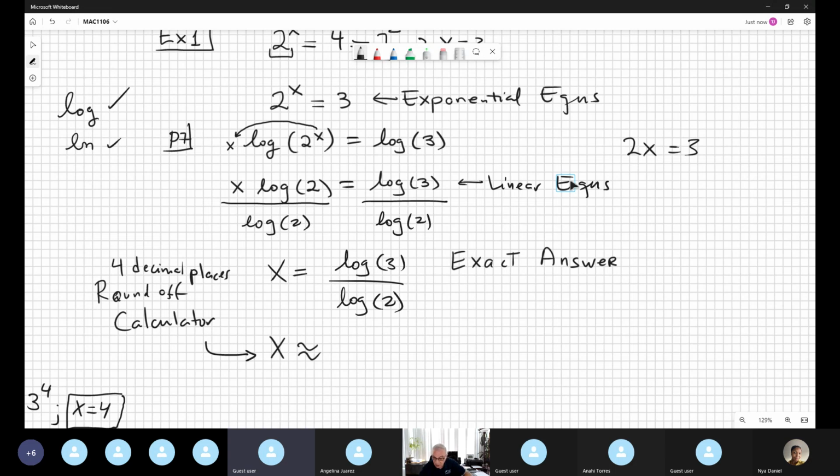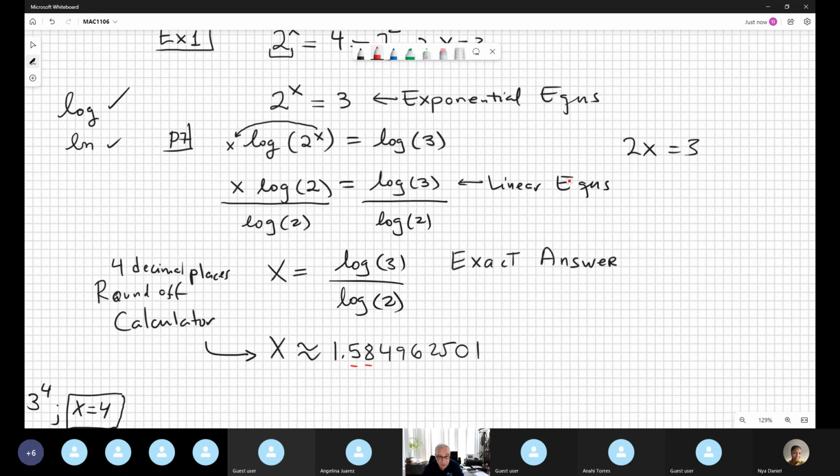So the answer, I copy the answer now. I copy it on one piece of paper and recopy here: 1.58496250. However, I want 1, 2, 3, 4 decimal places.